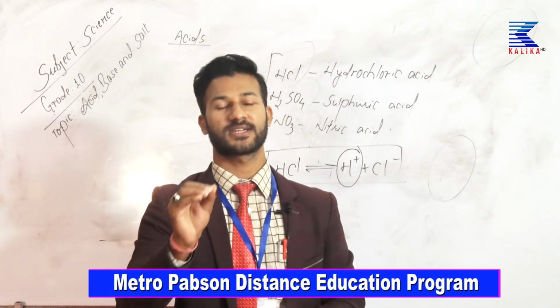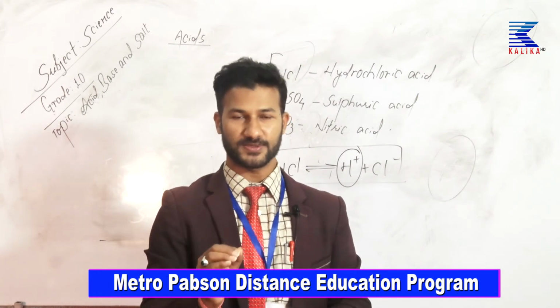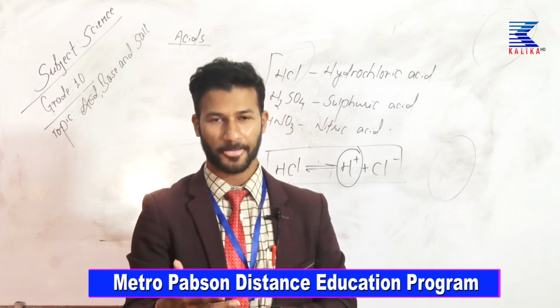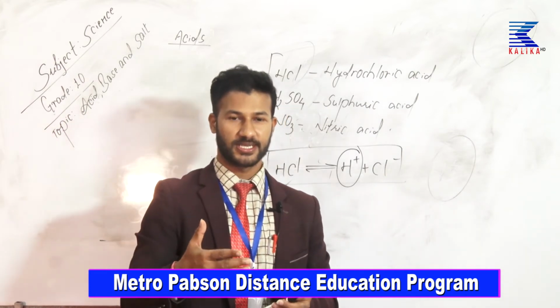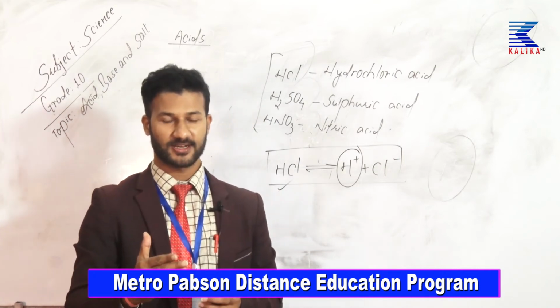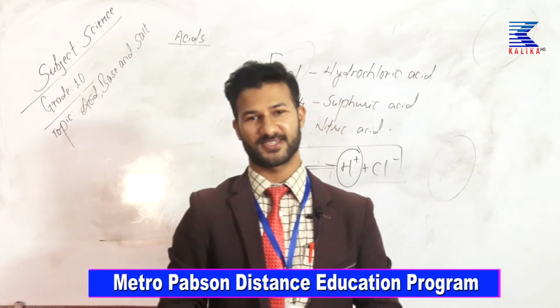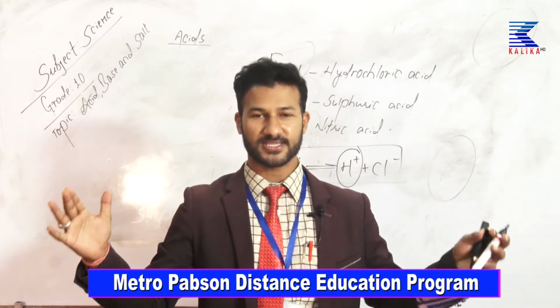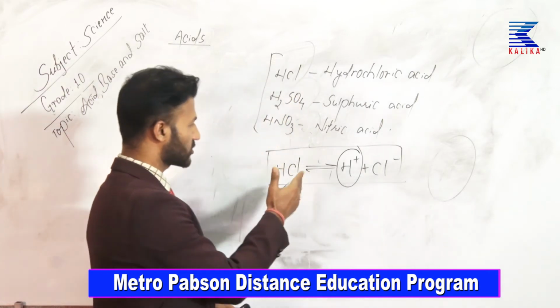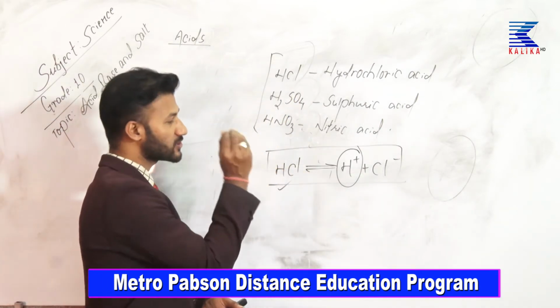Suppose you are dissolving 100 molecules of hydrochloric acid in water, then almost 98 or 99 molecules undergo ionization in water, means produce large concentration of hydrogen ion. That is why they are strong in nature. So they are called strong acids.